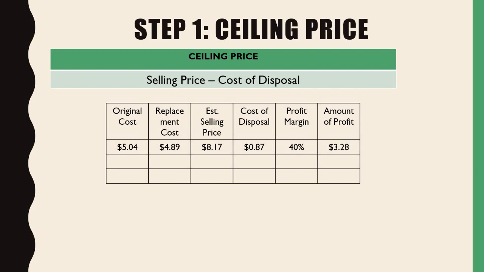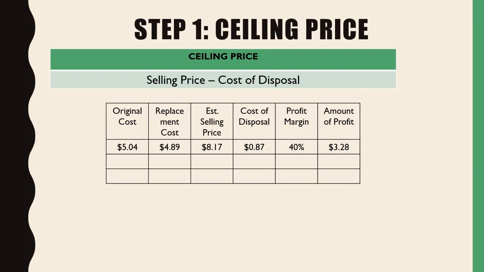And then you're going to determine your selling price, not anybody else's, your selling price. You're going to determine how much it is going to cost you to dispose of each item, as in get rid of each item, okay? And then you're going to determine what kind of profit percentage you still want to get out of this product, and that profit percentage is going to determine what your profit amount is.